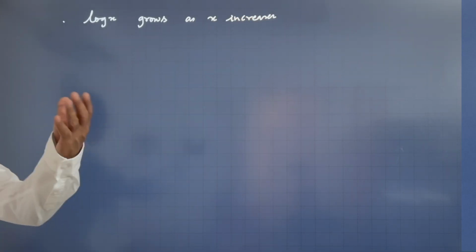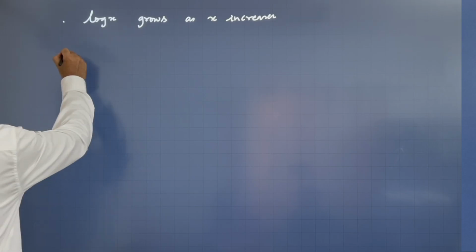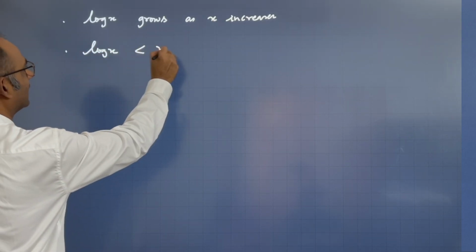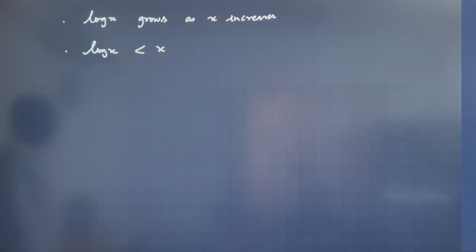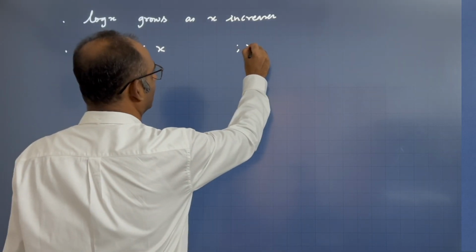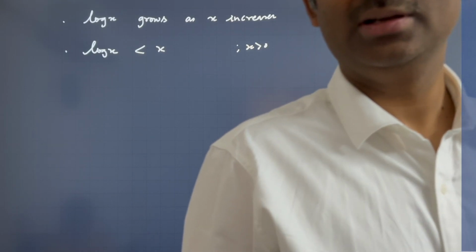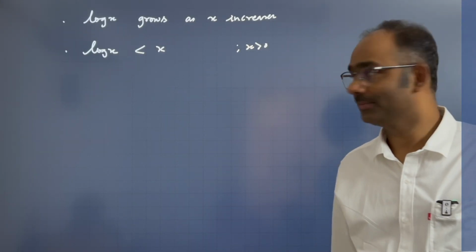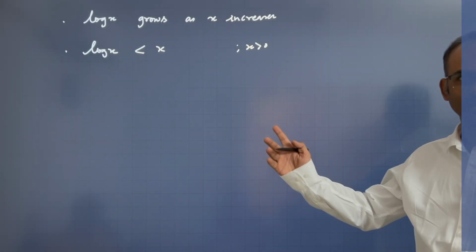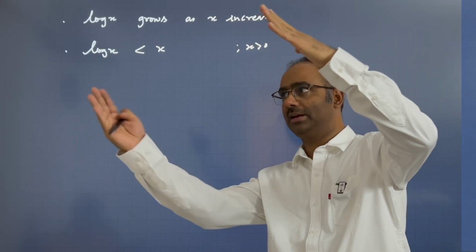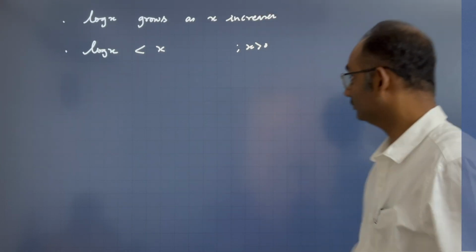Log x is a growing function, it grows, but log of x is always less than x, where x is positive. Remember, log is not defined for negative values of x, right? You remember this? The log function was always below this y equal to x line. It was going like that, okay?